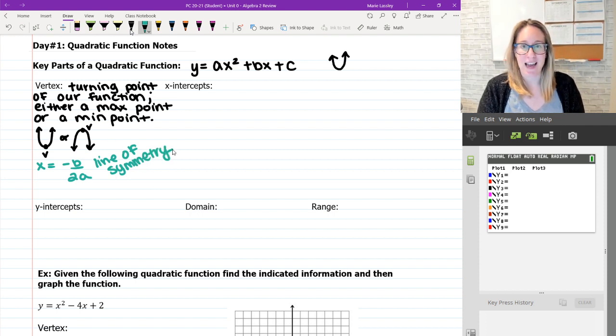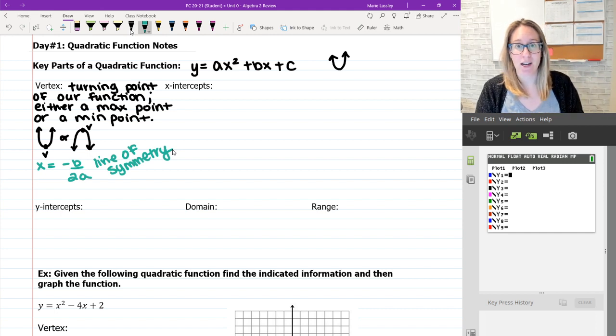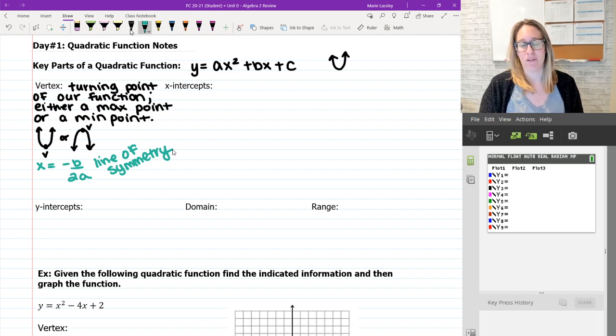Anytime it's x equals something, you can consider that to be a line, and it's the line that's going to go straight through that vertex, cutting your graph in half. We're not really going to use it as the line of symmetry, but as that x value point for our vertex.